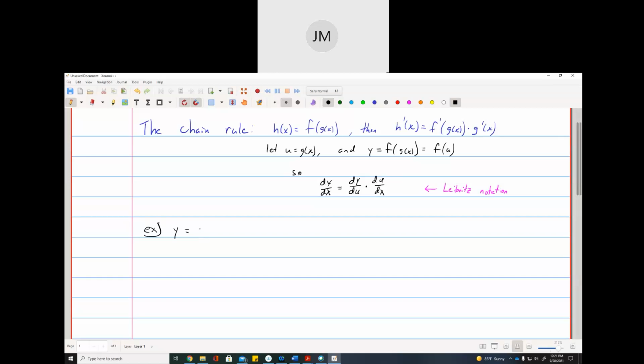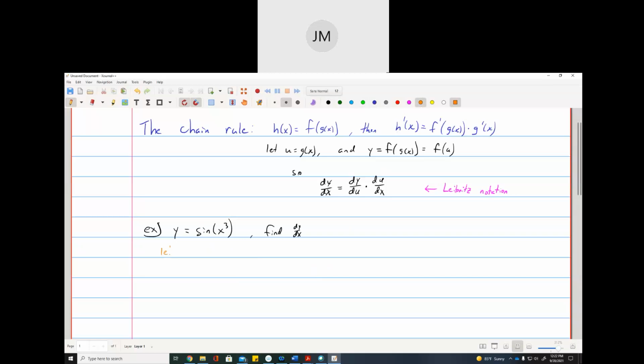We'll just say something like sine of x cubed, and I want to find dy dx. Now, I deliberately chose a function that's very simple, so this would be easy to do. What I'm going to do is illustrate this using the Leibniz notation. That's not the quickest way to do this problem. I'm just picking this as an easy example.